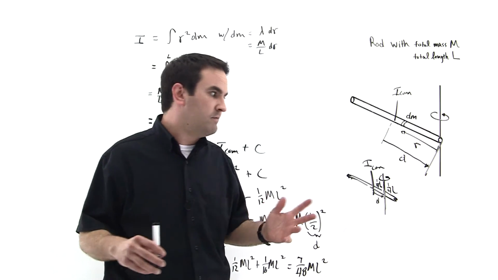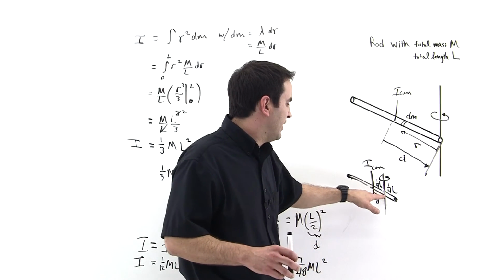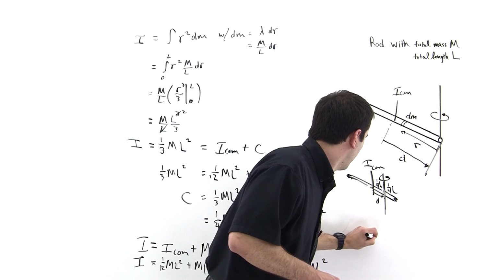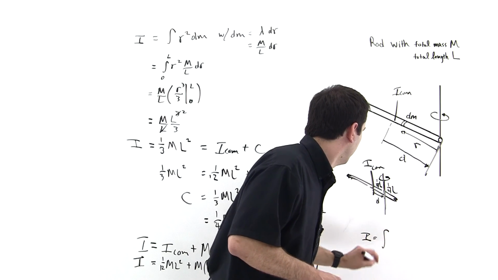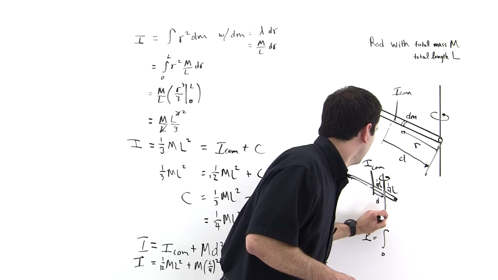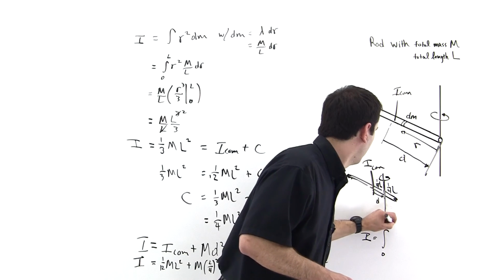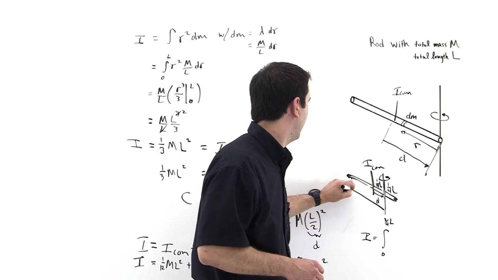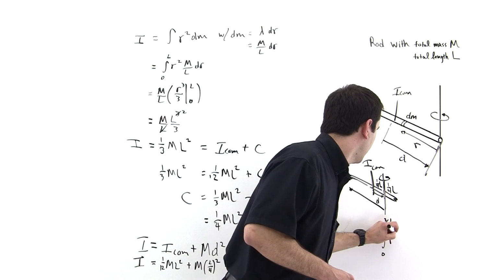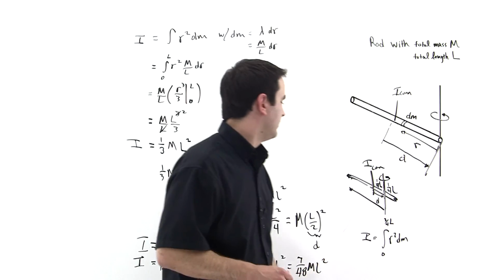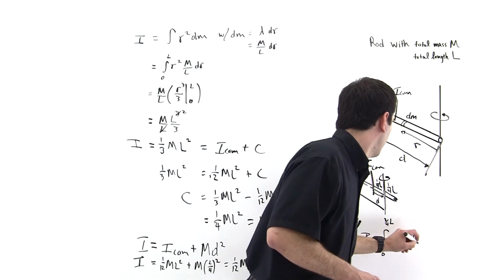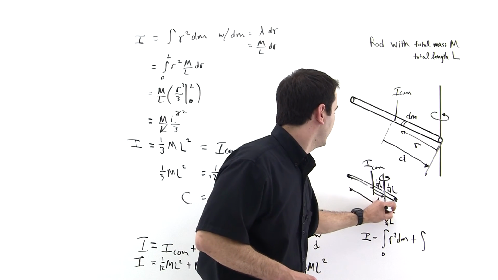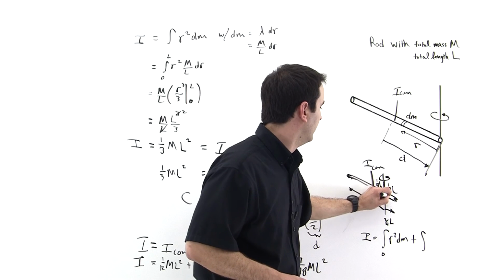Now you could integrate: I would be equal to the integral from 0 to 3/4 L, because this is 1/4 L and the rest of it is 3/4, of r squared dm with all the usual substitutions, plus the integral from 0 to 1/4 L, adding up all these little pieces.